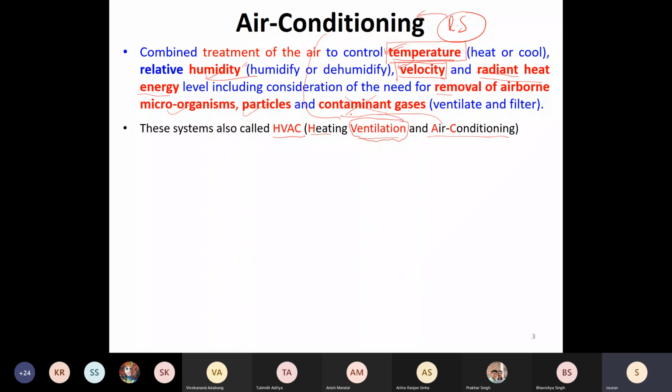It could require cooling. It may require heating also. And this term air conditioning, because we are always introduced to an air conditioner which only provides cooling and dehumidification, so that's why for the layman, this name has been given to only be associated with that process. Heating has been separated out and ventilation has been separated out. But in the true sense, all these things are part of air conditioning.